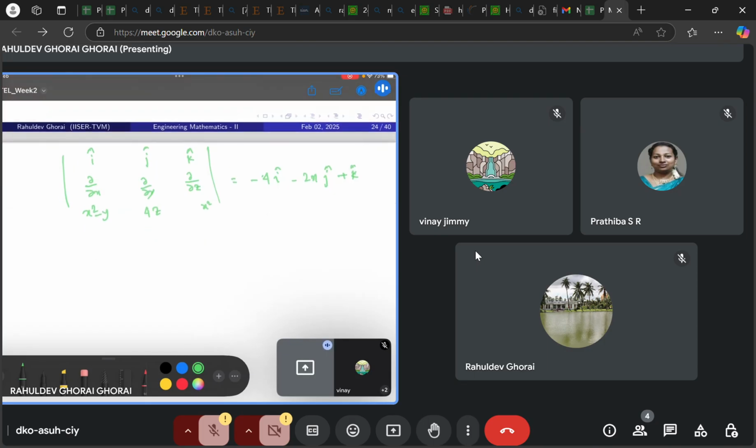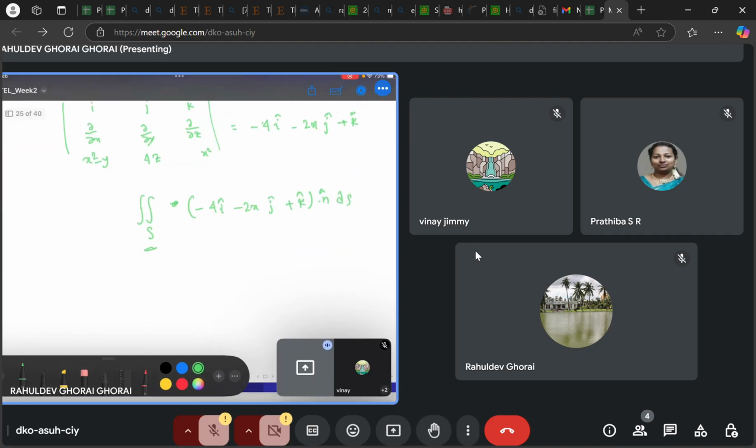Thus what you get is the integral over S of gradient cross F, which is minus 4 i cap minus 2x j cap plus k cap, dot the unit normal on the surface S times dS, which will be dx dy. And what will be the unit normal?